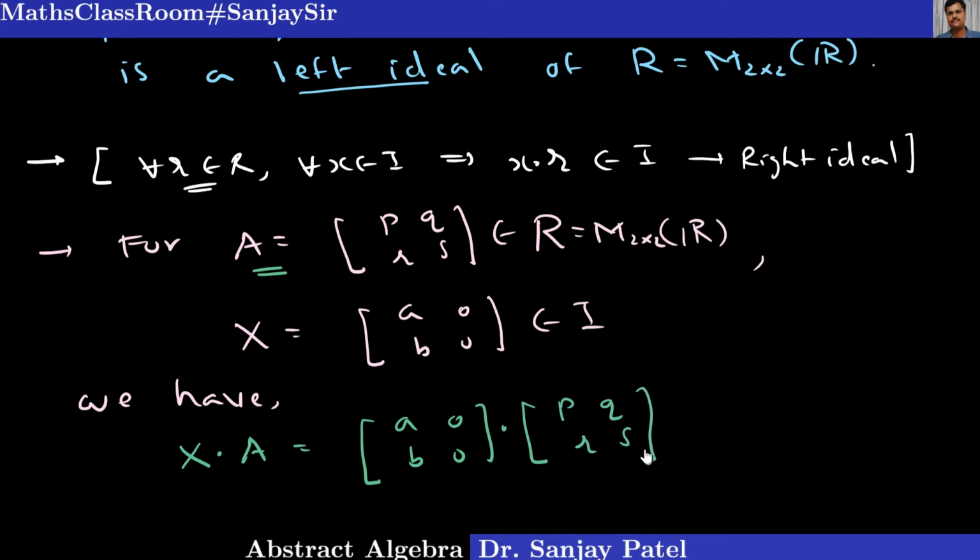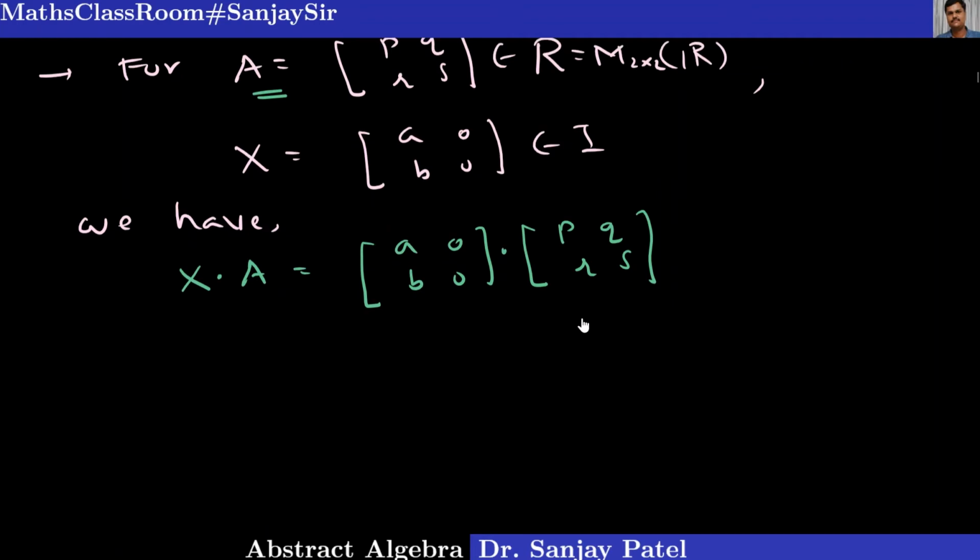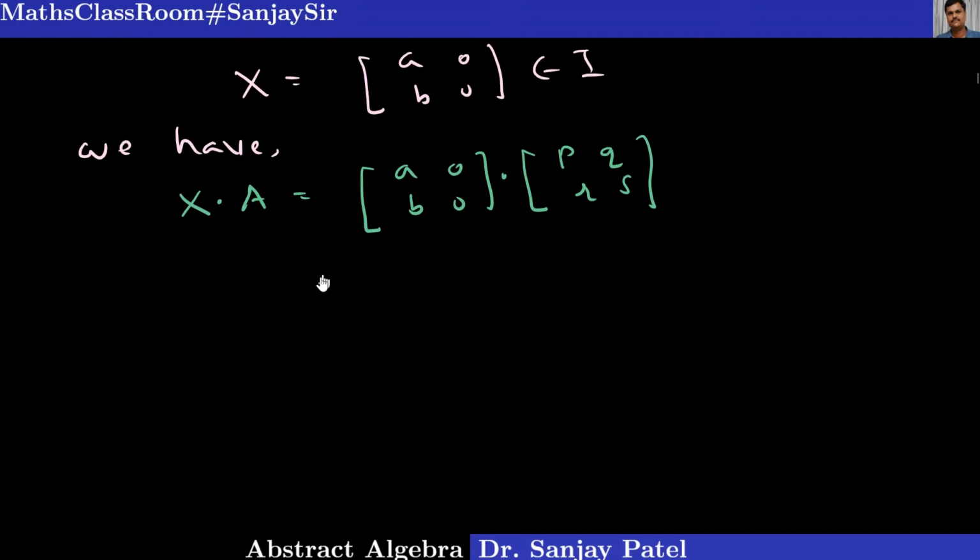Okay. So if you multiply these two, what you are going to get is A into P plus 0 into R, so it is AP. Then A into Q plus 0 into S, so it is AQ. Then B into P plus 0 into R, so BP, plus B into Q plus 0 into S, so it is BQ.